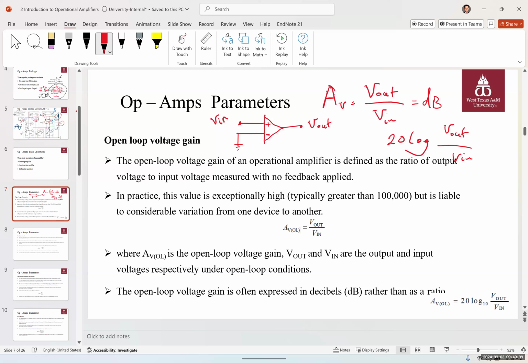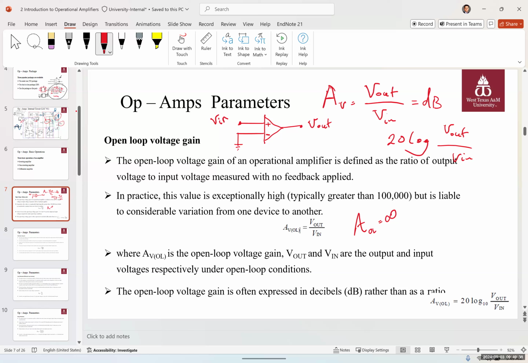For an op amp, because we have multiple stages of amplifiers inside the op amp, as we saw in the previous slide, this ratio is exceptionally high. It's usually in the range of 100,000, a million. And in an ideal op amp, the open loop gain is infinite.